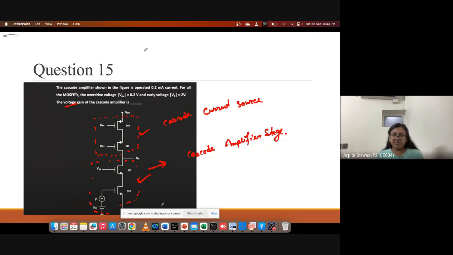So ID is given here, 0.2 milliamps, and V overdrive is also given, 0.2 volt. So overdrive voltage is equal to VGS minus VTH, right?